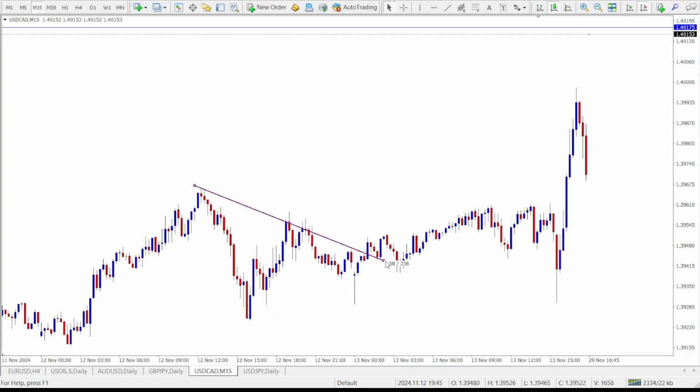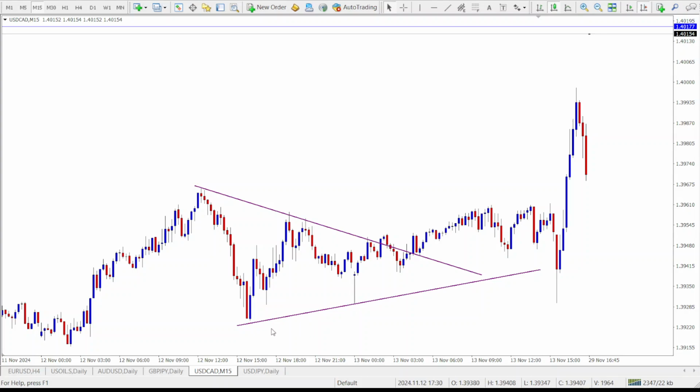When you connect the highs and connect the lows, and you notice that the trend lines are converging, you have a triangle. As the market consolidates, the range gets tighter, and this signals that a breakout may be coming soon.